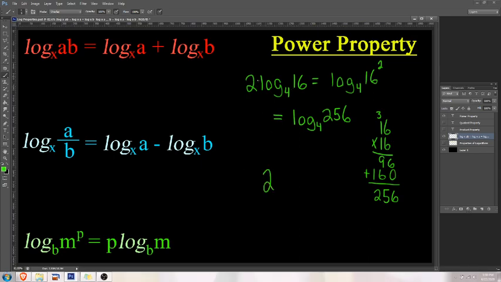And this 2 times 2 equals 4. So theoretically, this answer is saying that 4 raised to the 4th power equals 256. I mean, we can see if that's true. 4 times 4 is 16, times 4 is 64, and 64 times 4 is 256. So yeah, it works in that case as well.